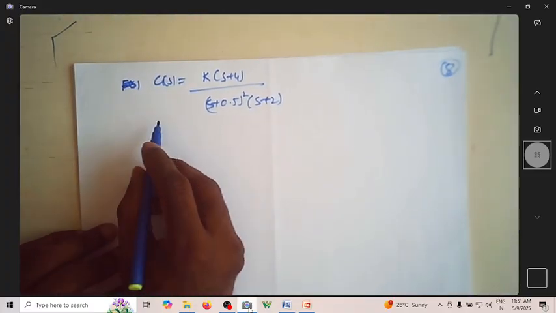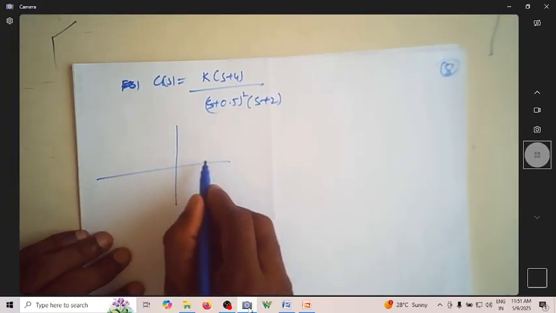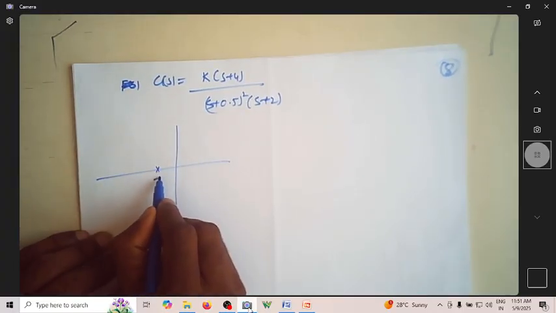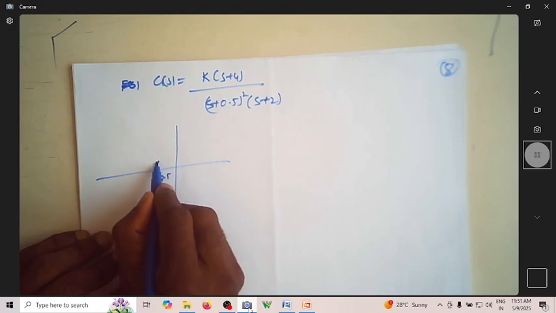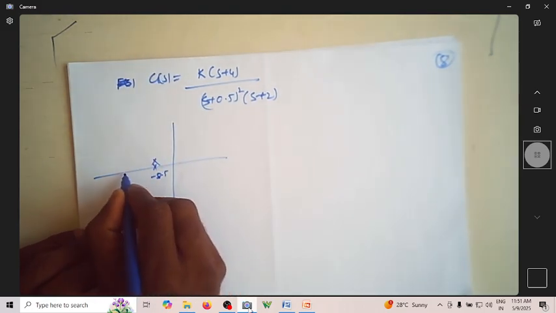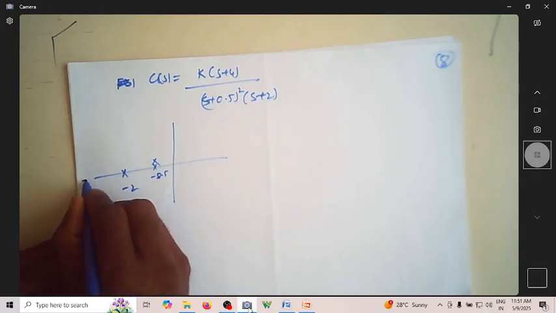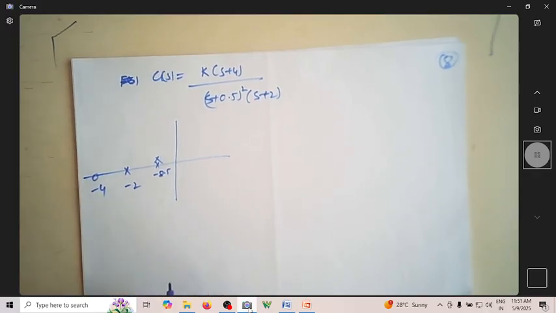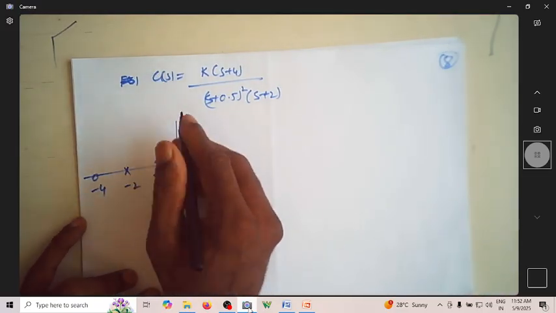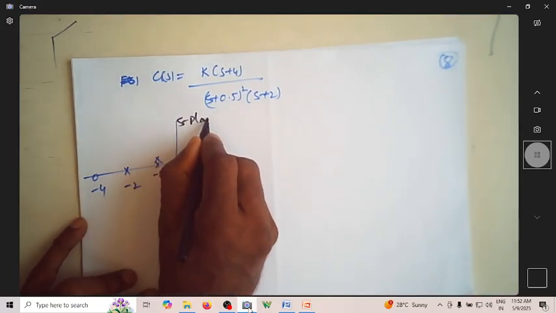If I write this, you have repeating poles at minus 0.5, and you have a pole at minus 2, and you have a zero at minus 4. So this is the s-plane representation.